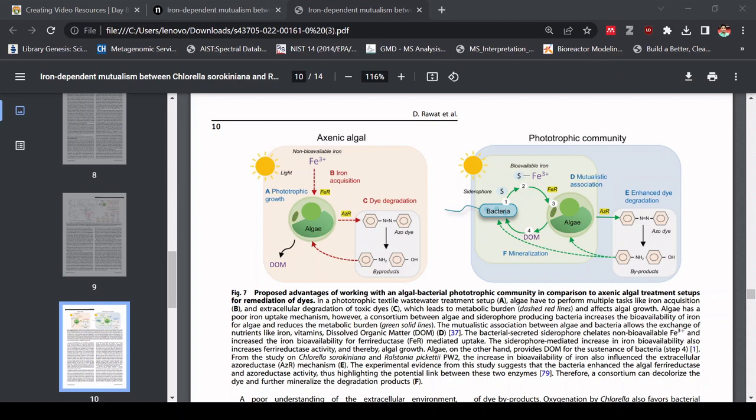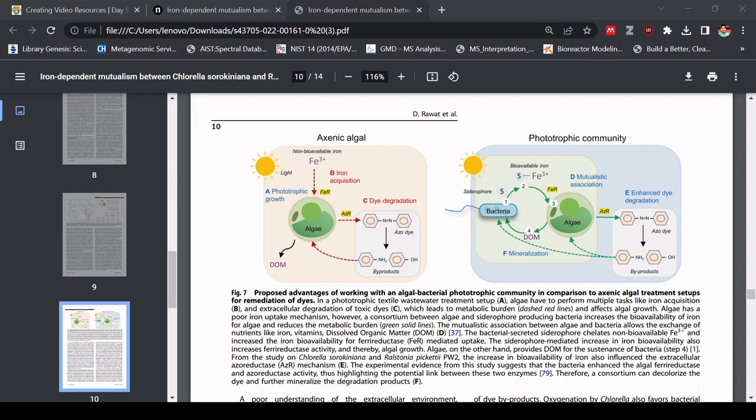So here I'm trying to show why it is important to use a multi-species system for the treatment of any kind of wastewater. On the left hand side you can see there is an algae. So step A will be growing algae in the wastewater. Algae is a photosynthetic organism, so it requires limited nutrients from the environment, but the most important are carbon dioxide and light.